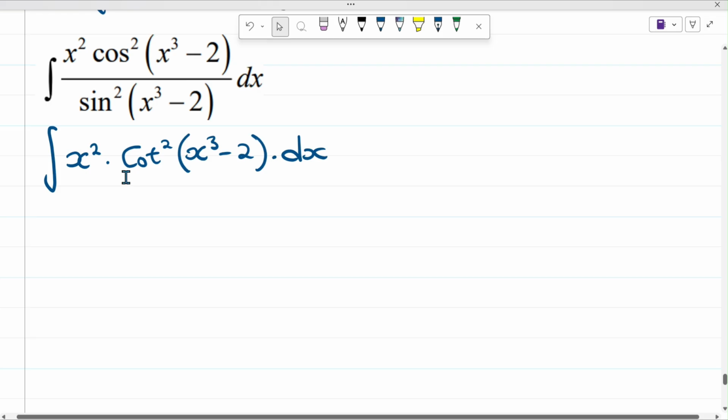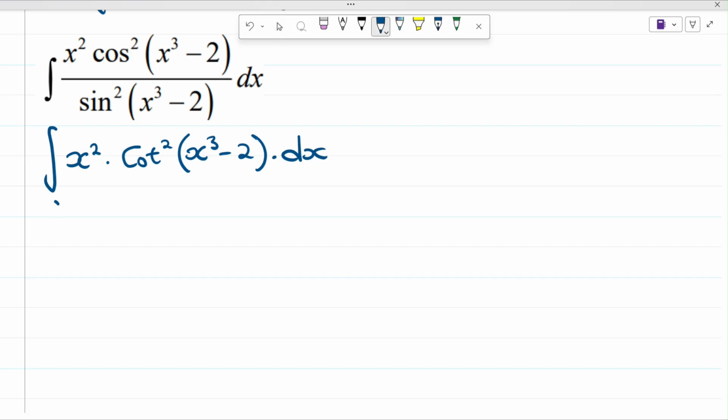That's basically what I did there. But then when we remember our table, there is nothing that was ever differentiated for us to get cot squared, right? So we need to still cook further. So for this case, we are going to make use of our square identities to change this cot squared into cosec squared.